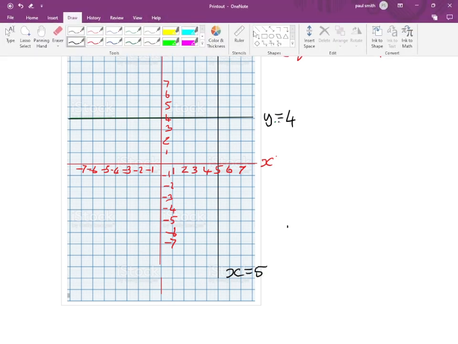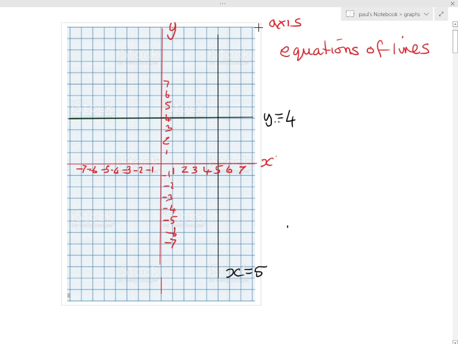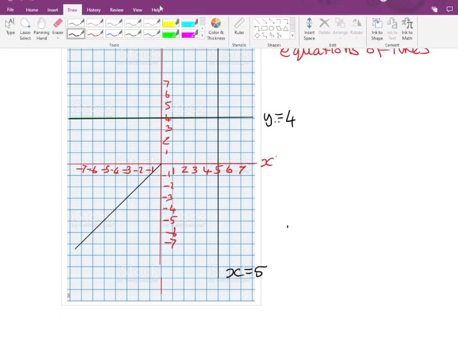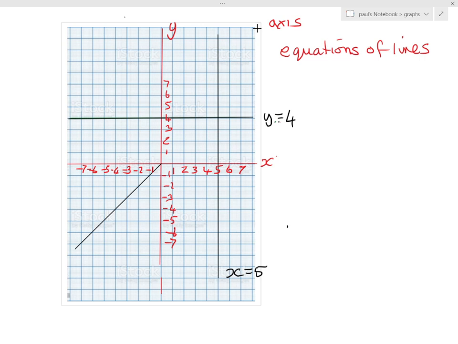Then the next one to draw is a 45-degree angle that goes through the middle. I hope we're going to get this right, I'm going to have to do this in 2 halves. Yeah, there.